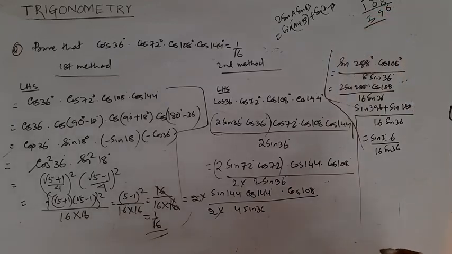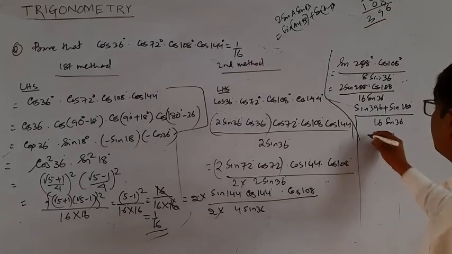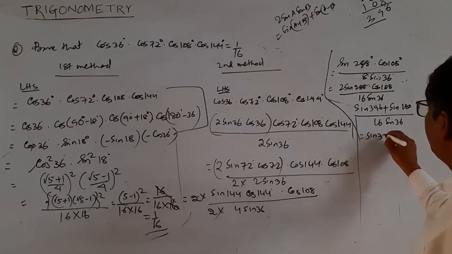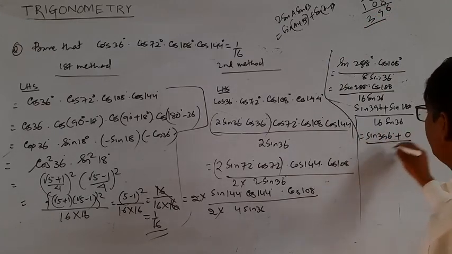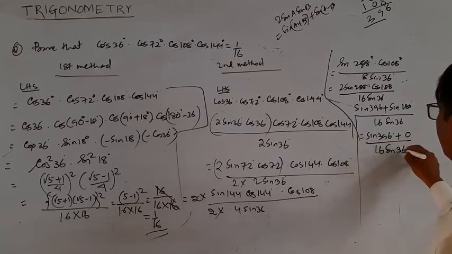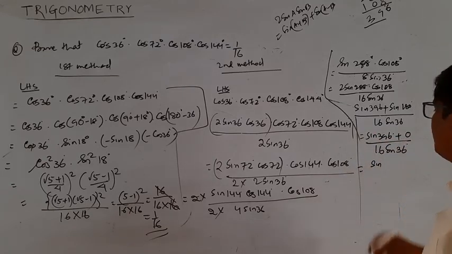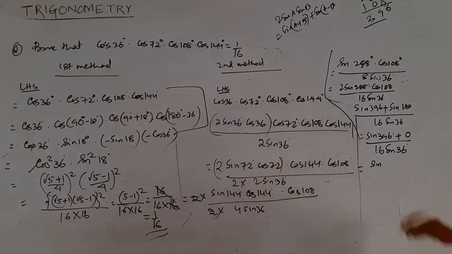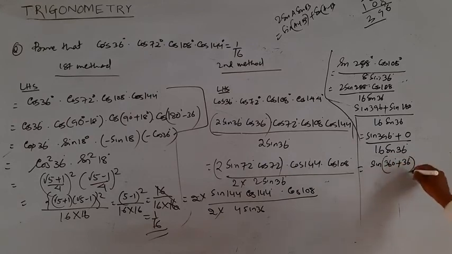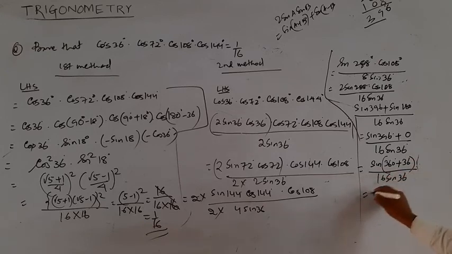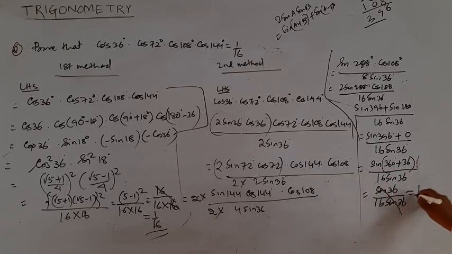So sin 396 and sin 180 by 16 sin 36. That is sin 360 plus 36 by 16 sin 36. So sin 36 by 16 sin 36, sin 36 cancels, that is 1 by 16. This is the right hand side.